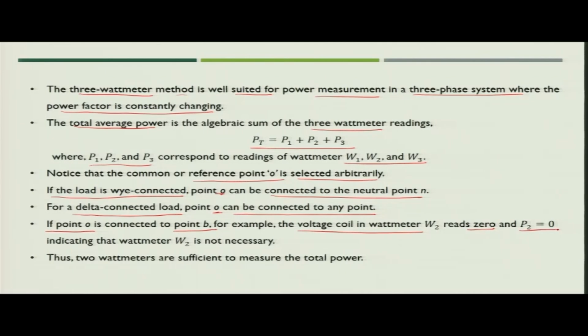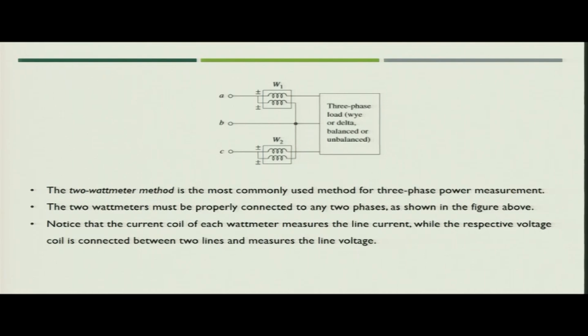So, the reading which we get from wattmeter W2 will be 0. That means that in this case the wattmeter W2 is not necessary to be connected. We can use only 2 wattmeters for getting the power consumption details. So, we will also see how 2 wattmeters are sufficient to measure the total power.